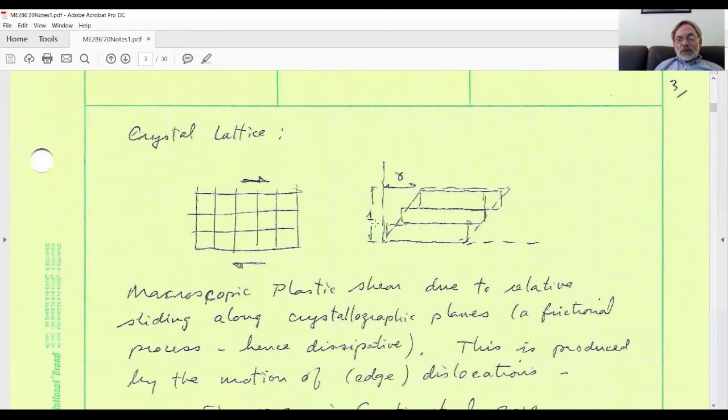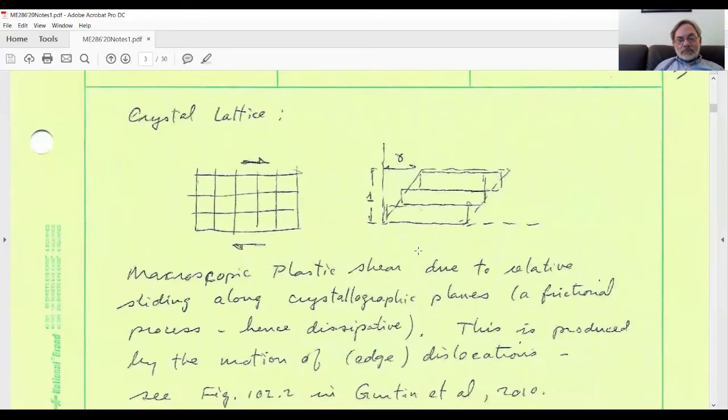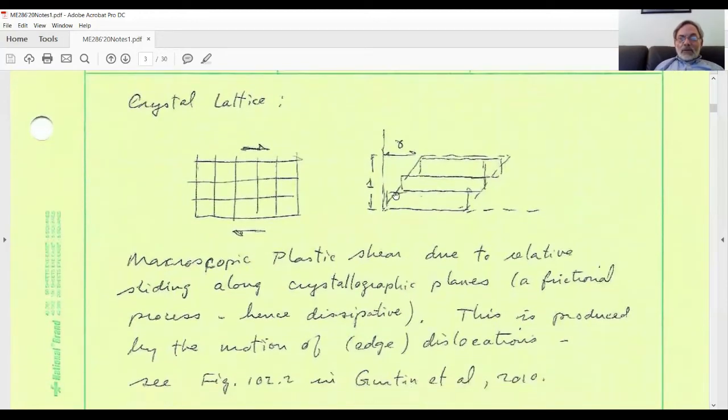So if you have a unit depth of crystal, then this sliding of one plane of atoms over the other produces, on the macro scale, a shear deformation. These steps have a length equal to one lattice spacing, which is a submicroscopic length scale. So on the macro scale, you would perceive this as a shear deformation.